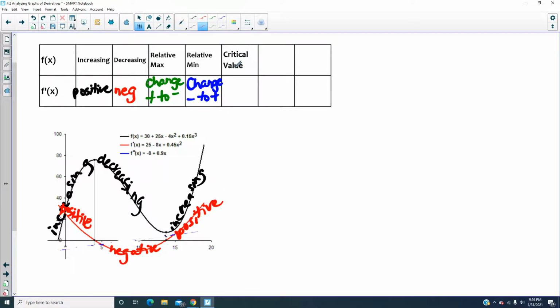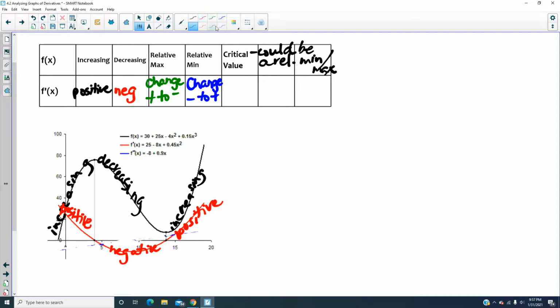Now, a critical value could be a relative min or a relative max. We'll have to do further tests to figure out exactly what that is. But a critical value is a place on f that could have a relative min or a relative max.